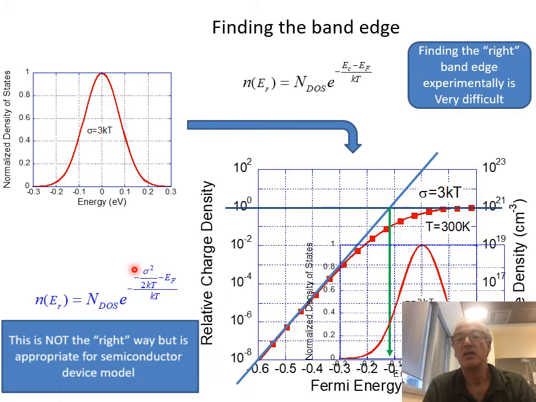It doesn't mean that it is easy to find this band edge. Of course, mathematically or graphically it's easy, but if you are doing experiments and you want to find the band edge, it's extremely difficult, and it's very hard to find anything truly reliable in this context when we are talking about organic electronics.